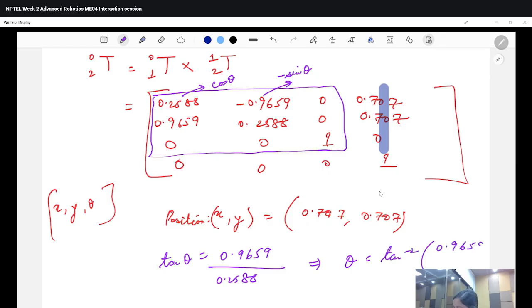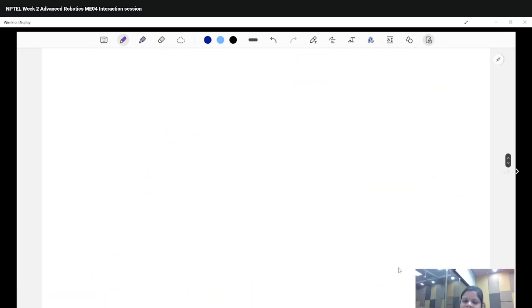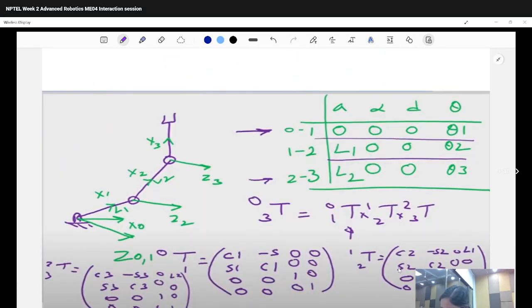If you are supposed to find the orientation, we already know that the first term is cos theta, and the second term is minus sin theta. You can find tan theta, and from there you get the angle at which this is oriented. This is what we do.